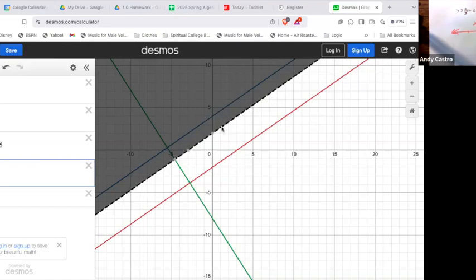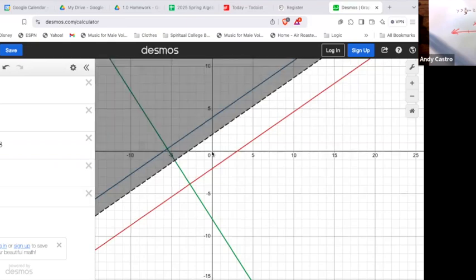Okay. The other thing you'll notice is it's completely shaded up here. Okay, because it can be any number greater than. So what you do after you've drawn the line is you pick a number up here or down here. So I would pick 0, 0. That's a number down here that's easy to plug in.